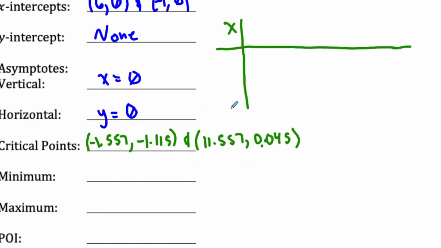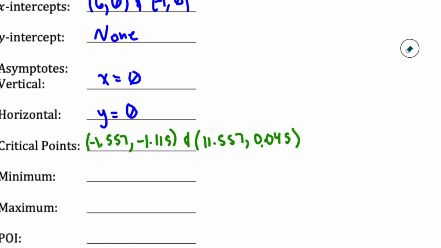Okay, so this problem we do not need to do a table because we already have our critical points, so we already know which one is the highest and lowest. So the minimum point is just the lowest point here, which is the lowest y value. Now this is going to be a local min, not an absolute min, and you'll see when we get into the graph why that's not the case.